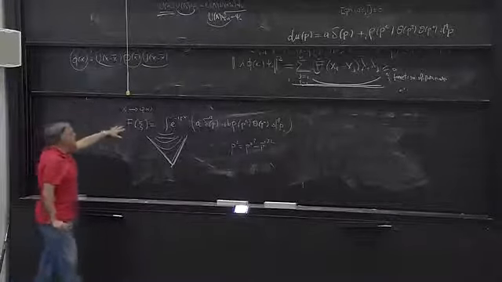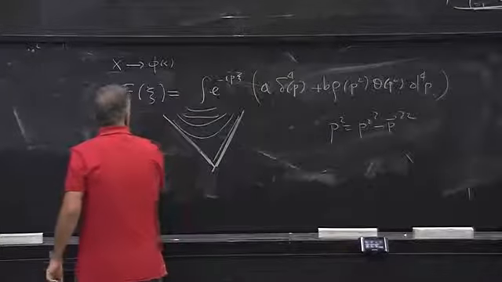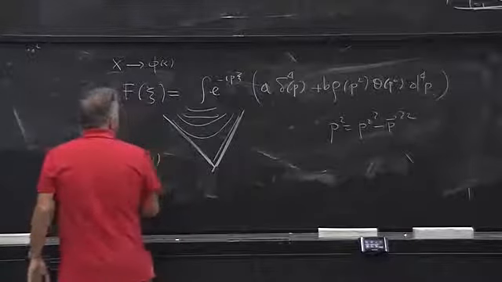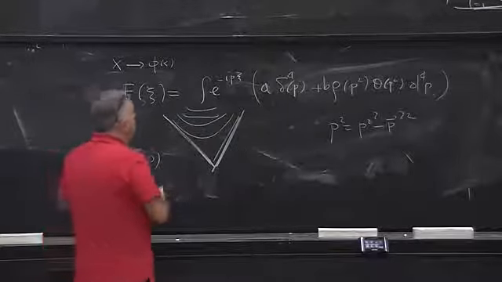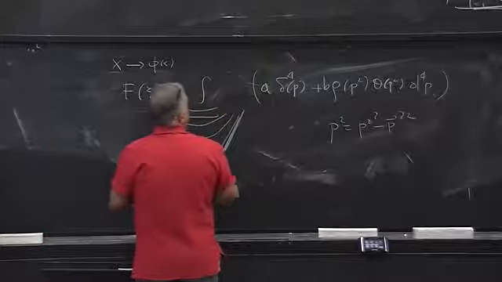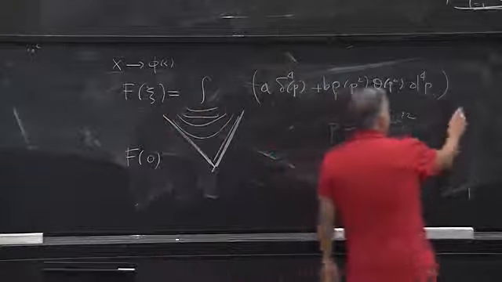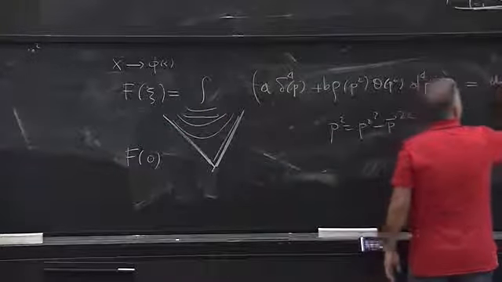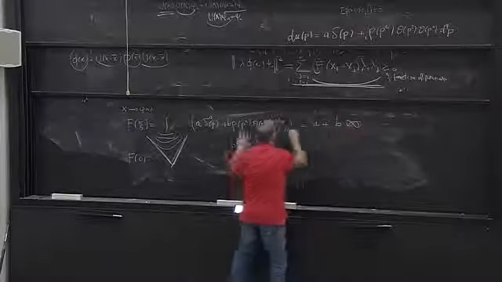Okay? So this is psi. So if you compute f of 0, this is a continuous function, so you can compute f of 0, it's just this integral. But if you do this integral, the value of this integral is a plus b infinity. This integral diverges.